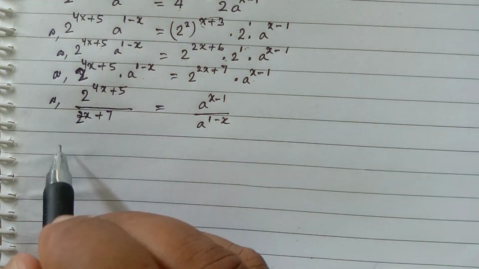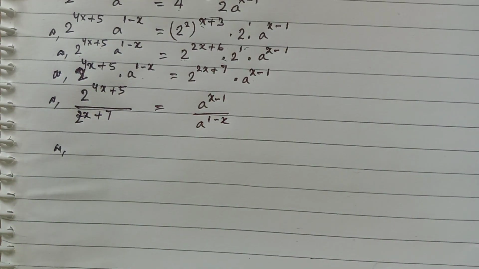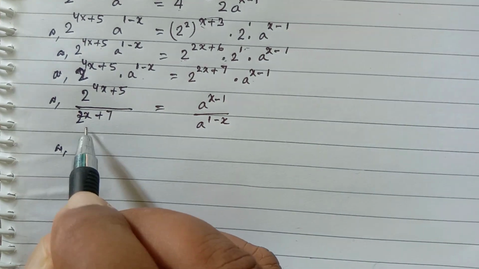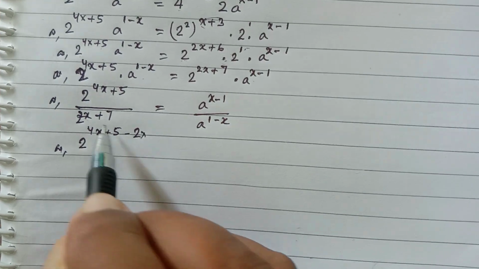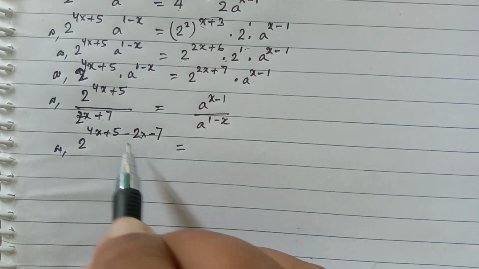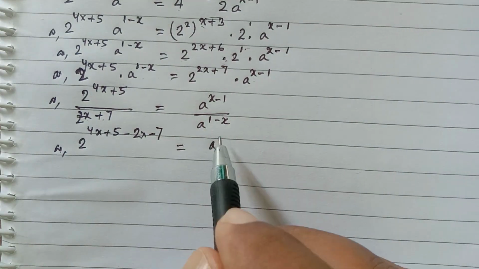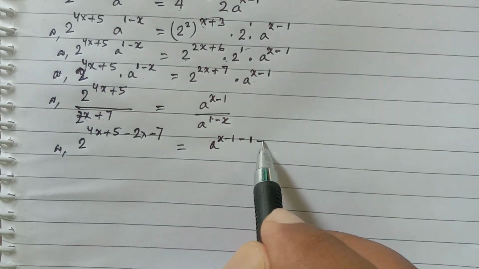Okay, so the next line I get the same base divided by different powers, then the powers are subtracted, so I have 2 power 4x plus 5 minus this thing 2x plus 7 becomes minus 7, subtracting, we get the different signs. So minus 2x minus 7 equal to a power x minus 1 minus 1 plus x.